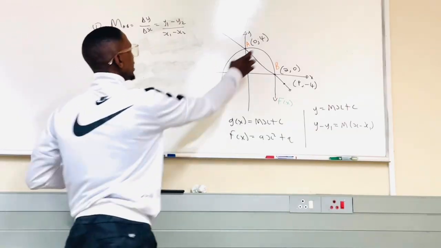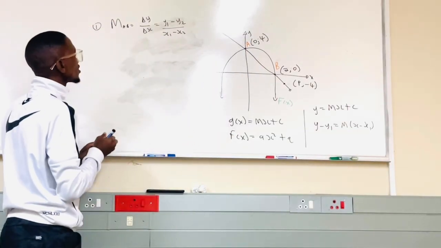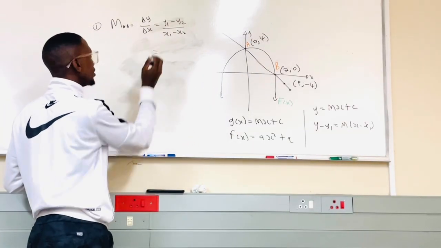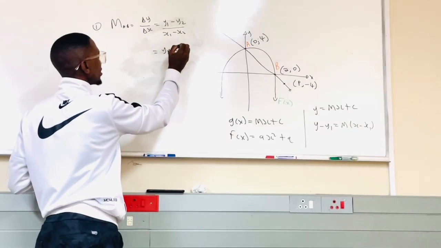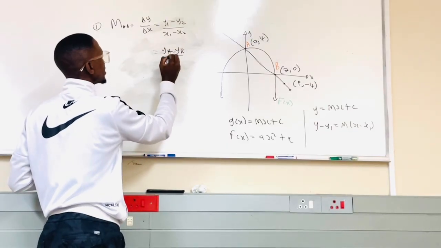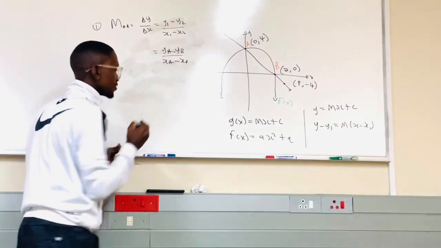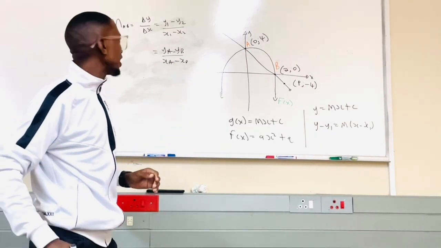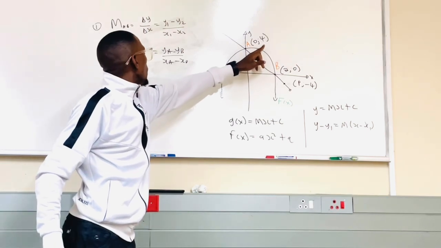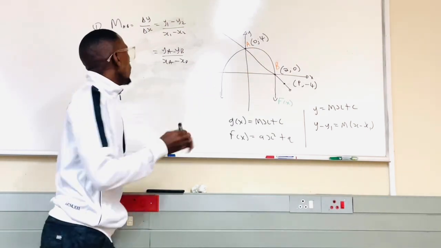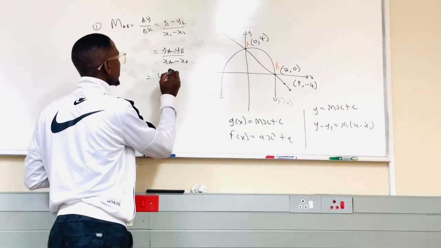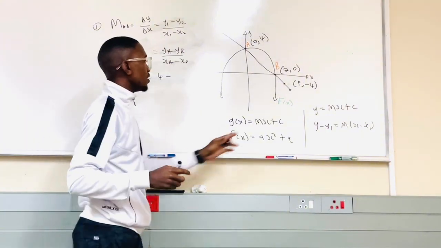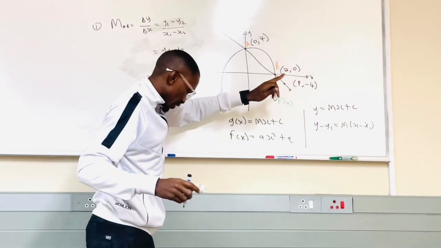We have points A and B. Someone can ask, is it possible if I just say ya minus yb over xa minus xb? Yes, we can do it that way so that you don't confuse yourself. So we have (0; 4). What is my ya? It is 4. So I'm going to put 4 minus the value of the yb, sorry for that.